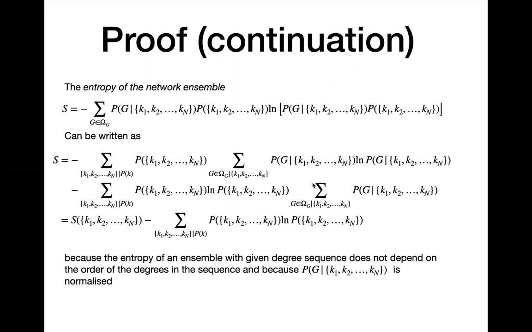So now, if you look at the first term, you see that essentially here you have an entropy of a network given a degree sequence, okay? But all the entropies of the network given a degree sequence are the same if the degree sequences differ only by a permutation of the labels of the nodes.